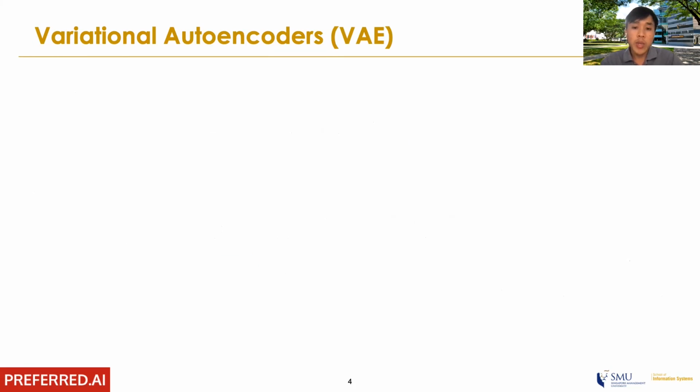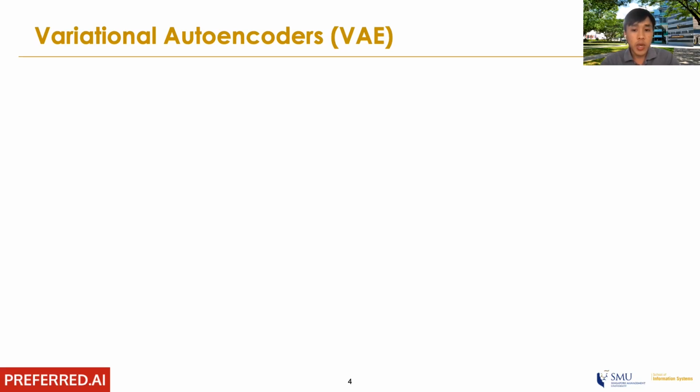So one of the very successful models for collaborative filtering is the variational autoencoder, or VAE for short. The model demonstrates a very competitive performance for collaborative filtering. Because of the two-way nature of the preference data that we discussed earlier, it gives rise to two variants of the VAE.